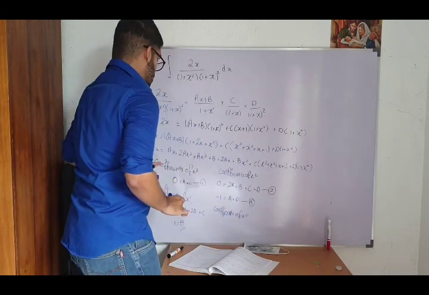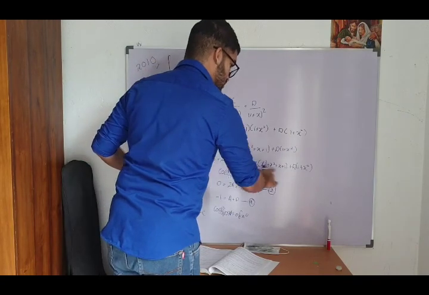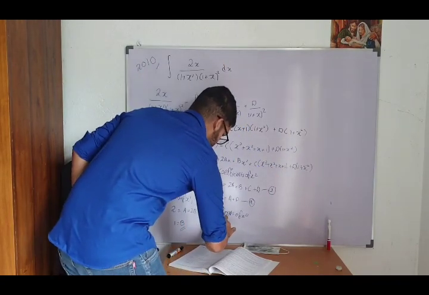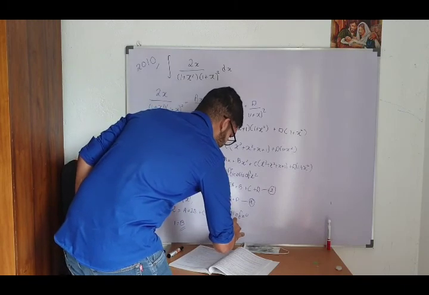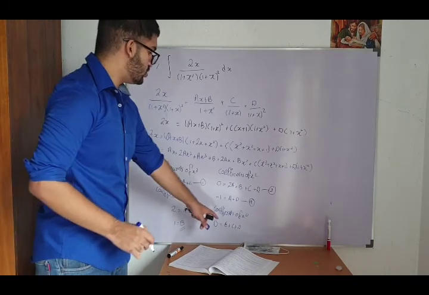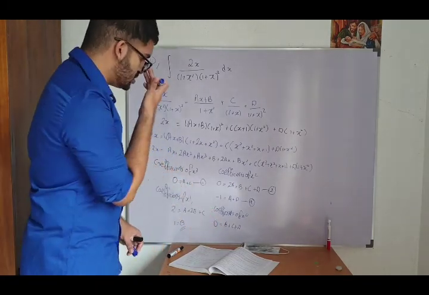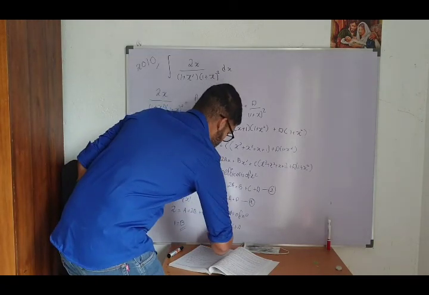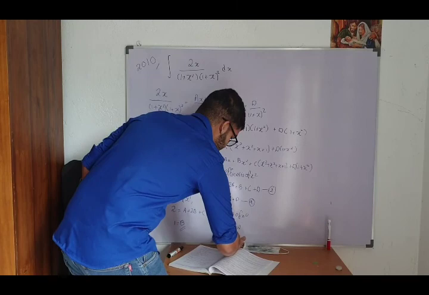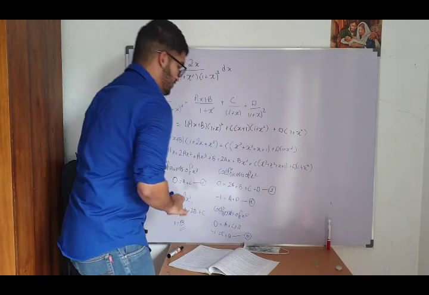For x to the power 0 we have b, we have d and c, b, c, d. b plus c plus d. Now since you have such an equation, you can say that minus 1 equals c plus d is the equation b we obtained.